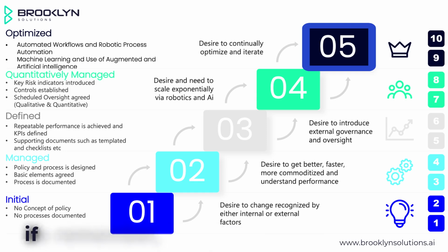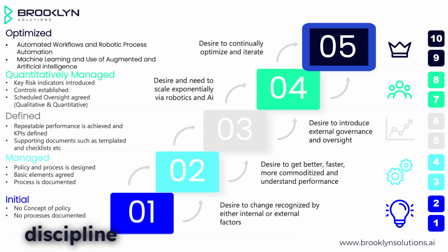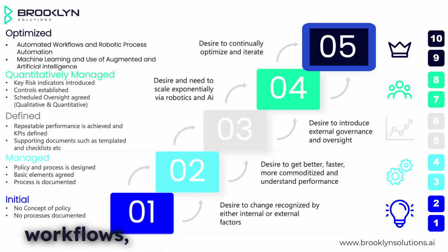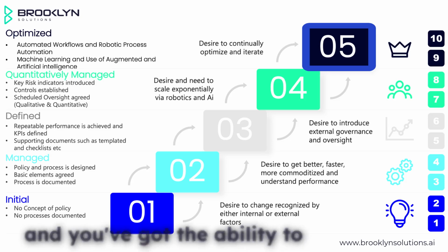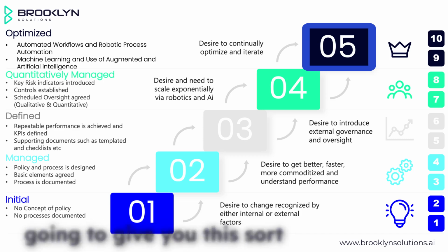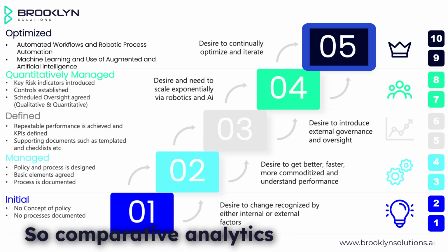So if you're getting out of stage 4 into stage 5, called optimized, it's like world-class optimization for what that discipline is measuring. You're going to have high levels of automation: automatic workflows, robotic processes covering a lot of everything, and machine learning giving you augmented and artificial intelligence, with comparative and predictive analytics.